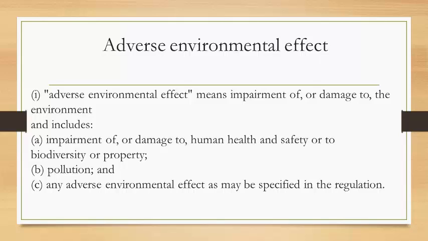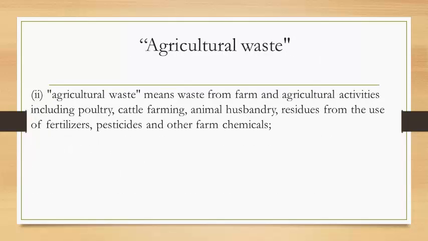Pollution, and c. Any adverse environmental effect as may be specified in the regulation. 2. Agricultural waste means waste from farm and agricultural activities including poultry, cattle farming, animal husbandry, residues from the use of fertilizers, pesticides, and other farm chemicals.